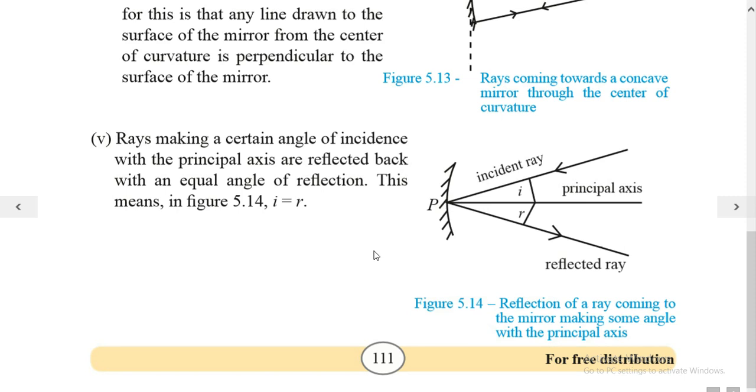Therefore, dentists use these concave mirrors to check the teeth.